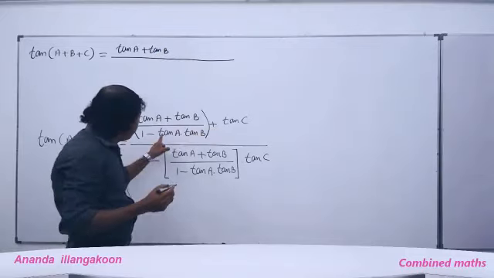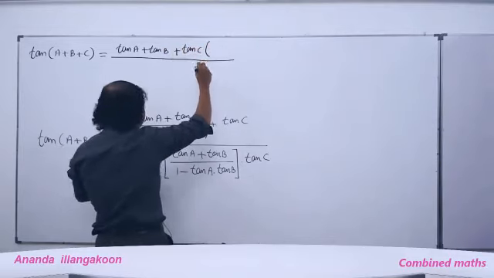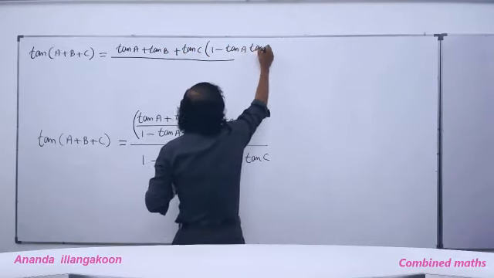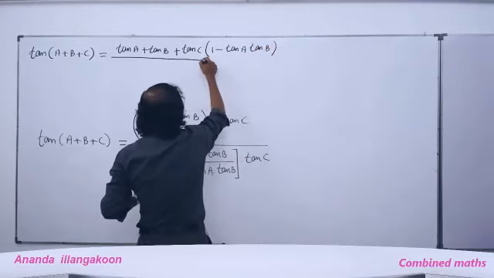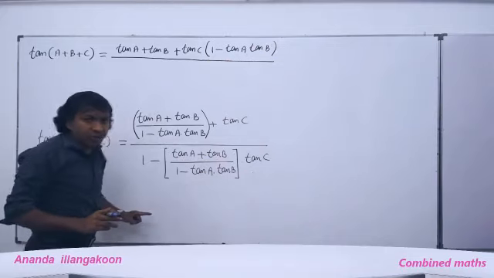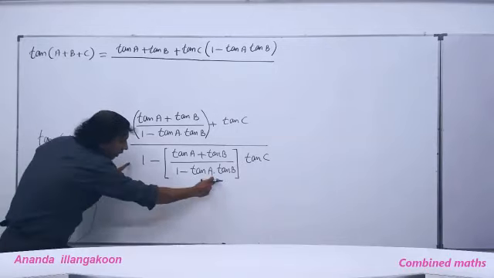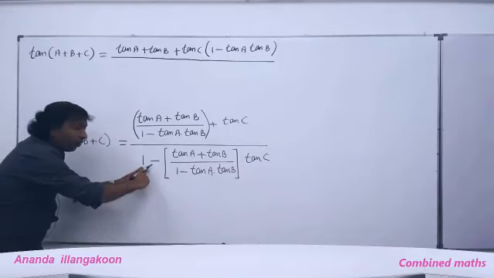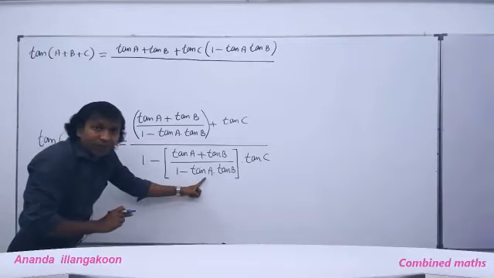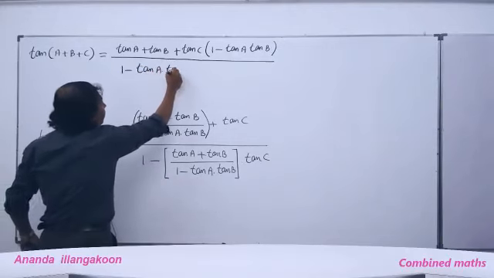And this tan C we should multiply by this: tan C times (1 minus tan A tan B). Now this term and this term we should again multiply by this 1 minus tan A tan B. When I write 1 minus tan A tan B before this into 1, the same thing comes, but what we write here is 1 minus tan A times tan B.